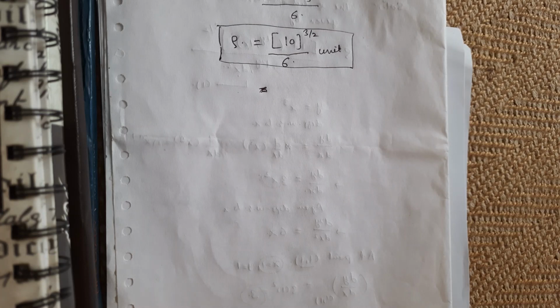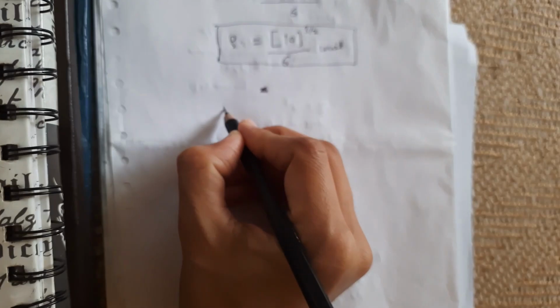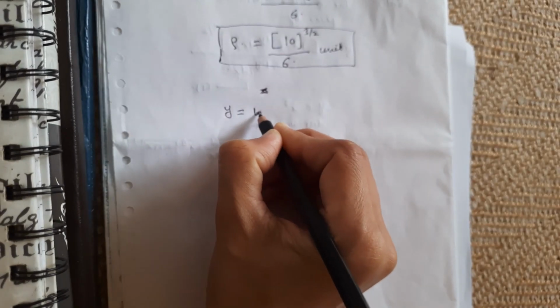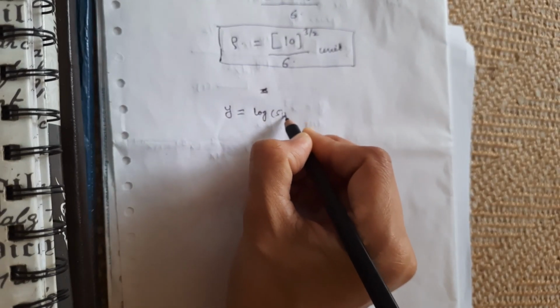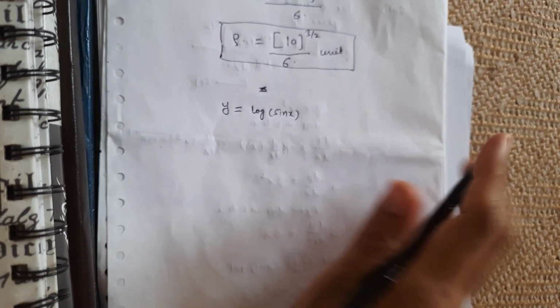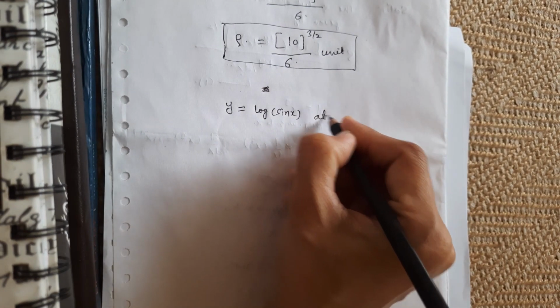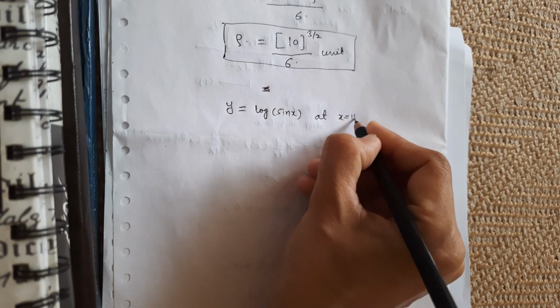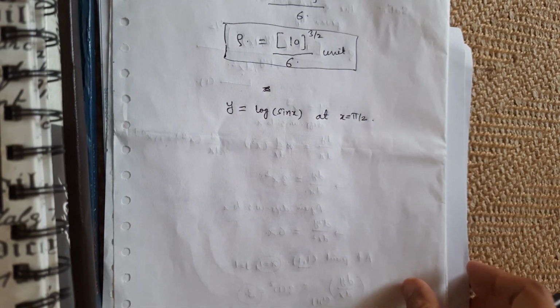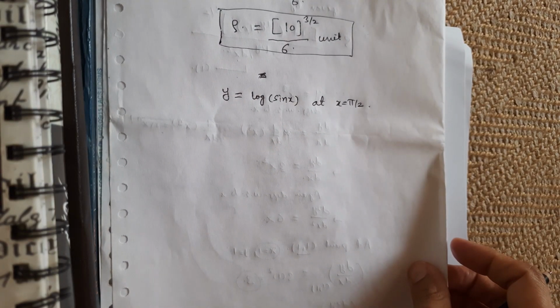The second example that I am going to take is: find the radius of curvature of y equals log sin x at x equals pi by 2.